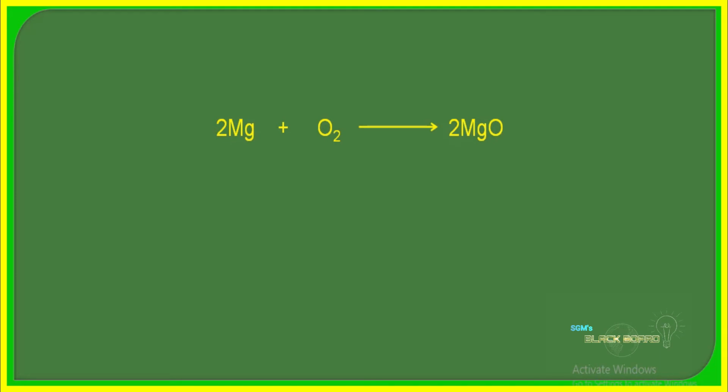Here that whole reaction can be represented in the simplest way using the symbols and formulae of the substances taking part in the chemical reaction and the new product which is formed. Here the magnesium symbol is Mg, oxygen is O2, and the magnesium oxide formula is MgO. So we can write that whole chemical reaction in the simplest way as 2Mg plus O2 gives 2MgO.